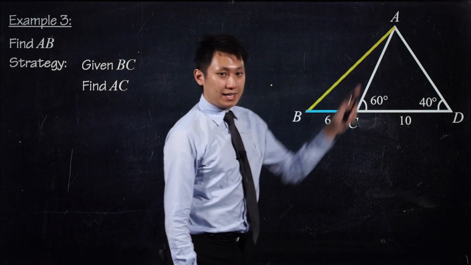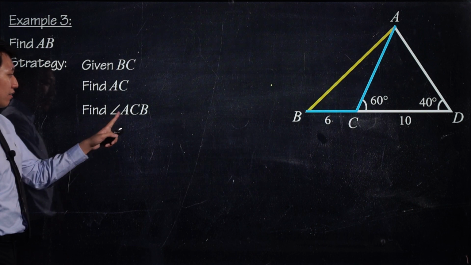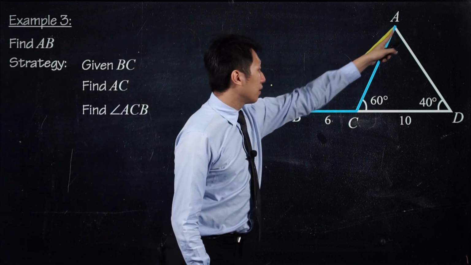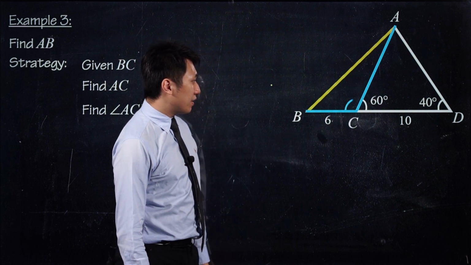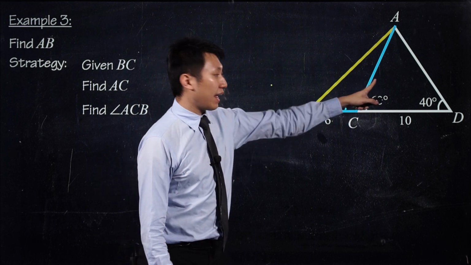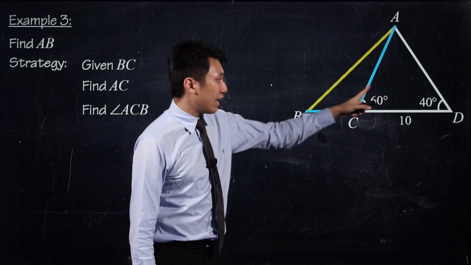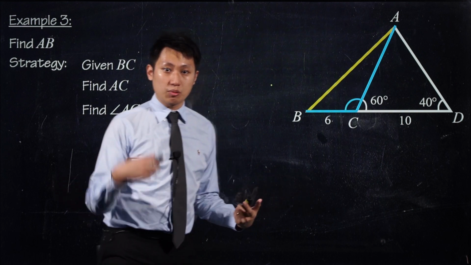If we can find AC, then we find angle ACB, which is this one. So if you have this one, then you have SAS. If you have SAS, can you find the other side? Yes, you can. So that's the way to do it.